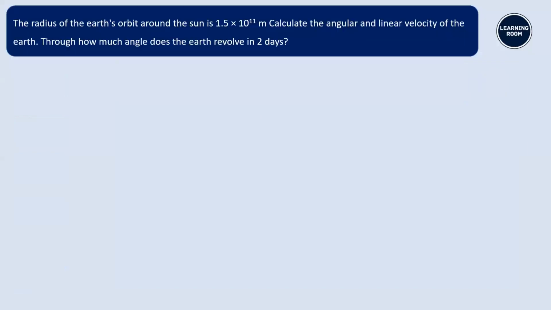So coming back from the beginning. The radius of the Earth's orbit around the Sun is 1.5 into 10 power 11 meter. But the time period is going to be how much? 365 days.